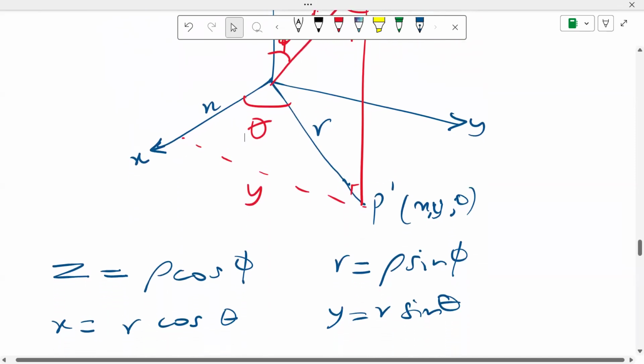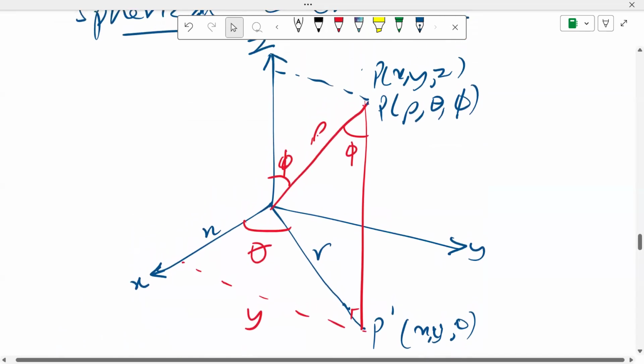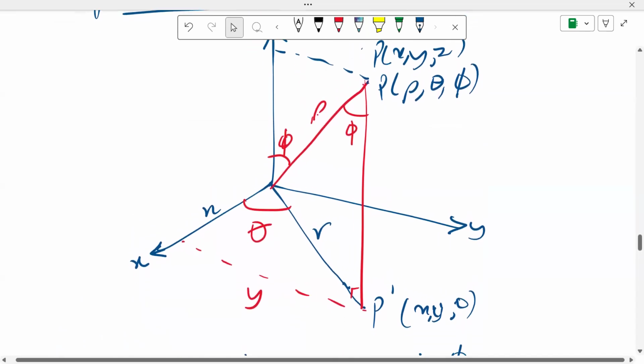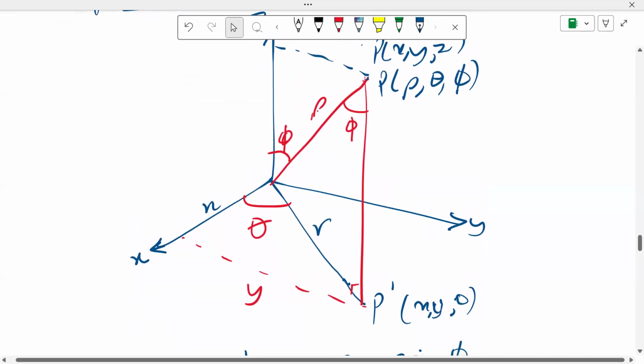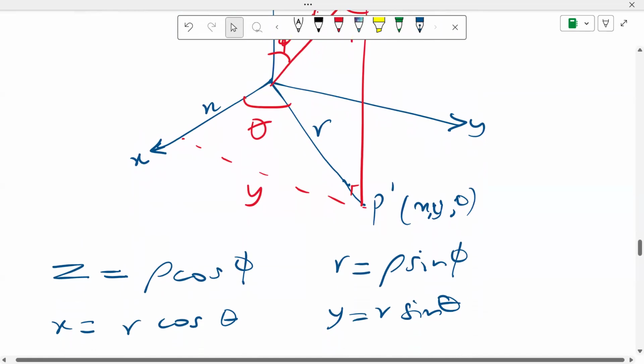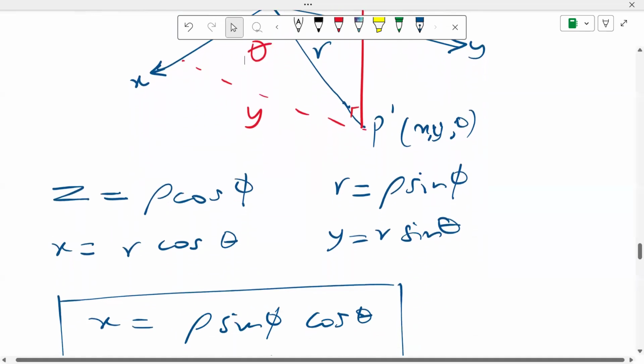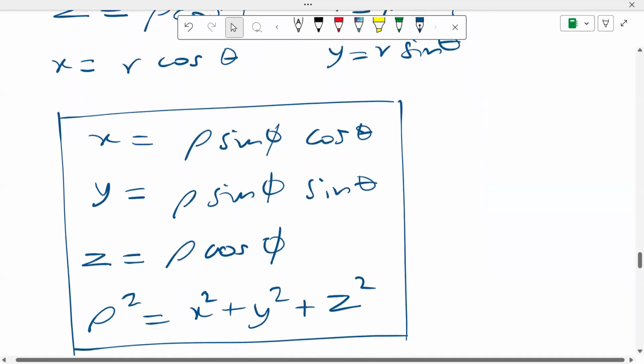Now, let's compute them. From the diagram, we can get our z straight away. Then our z is rho cos phi. r is rho sine phi. Then x, as we recall, is r cos theta, and y is r sine theta. All right, so we can capture them this way.